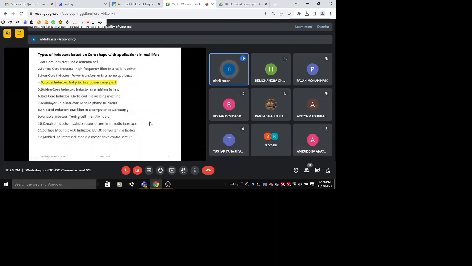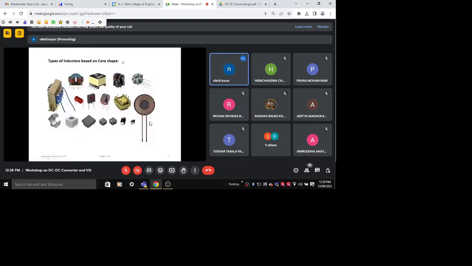What is inductors based on? Okay, so inductor that we are going to idle core. This is a circular shape.